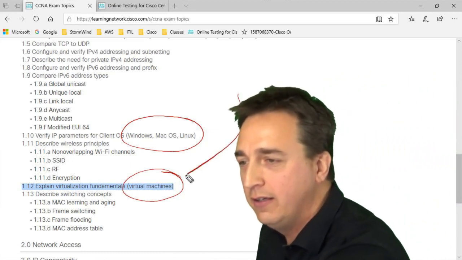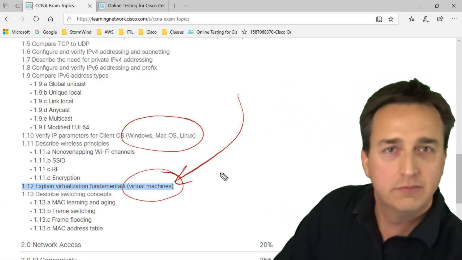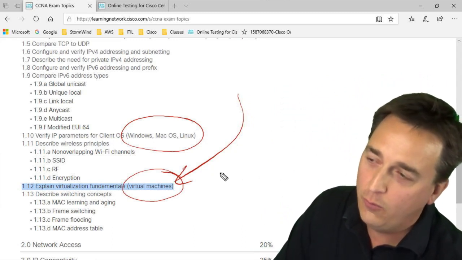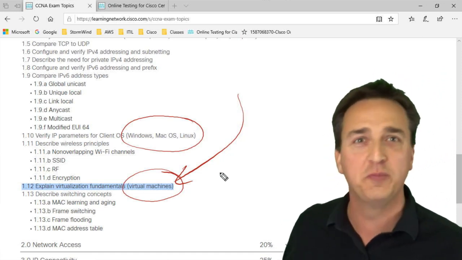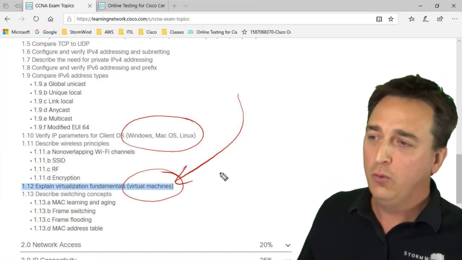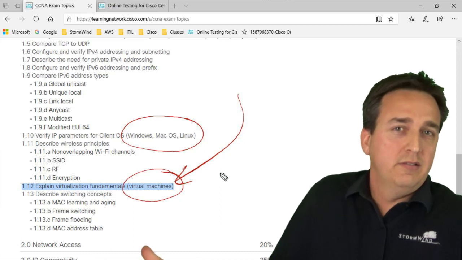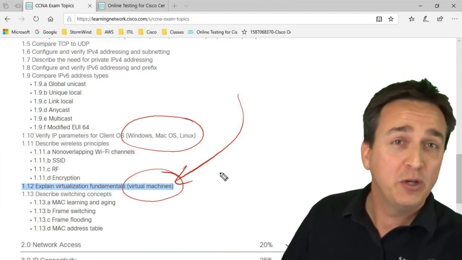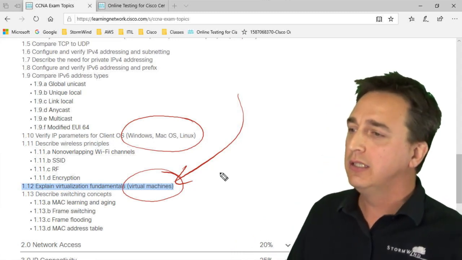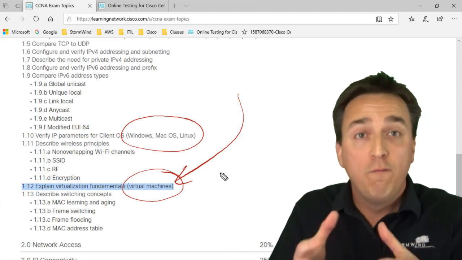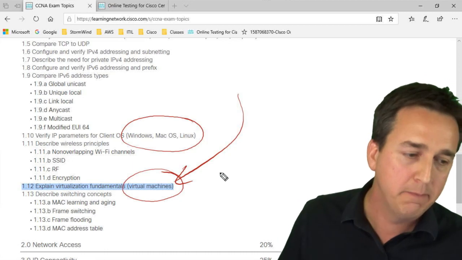But down here, they didn't follow their own rules. They say here we need to explain virtualization fundamentals like virtual machines. So I, as a class developer and instructor, would talk about virtual machines and the virtualization fundamentals for the actual virtual machine.